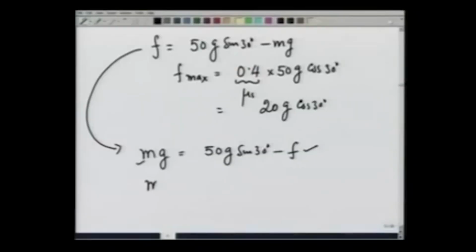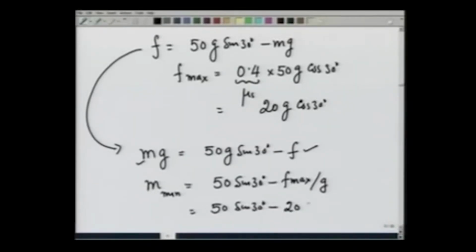So, m minimum, that will give me equilibrium, would be equal to 50, dividing by g on both sides, sine 30 minus F max divided by g, which is nothing but 50 sine 30 minus 20 cosine 30 degrees g divided by g. So, g cancels out.